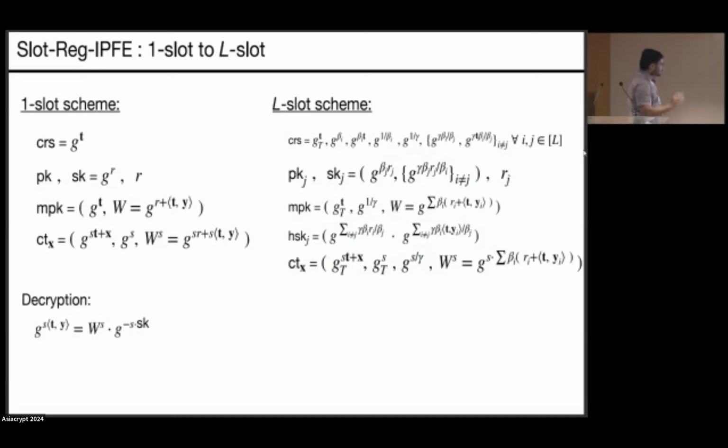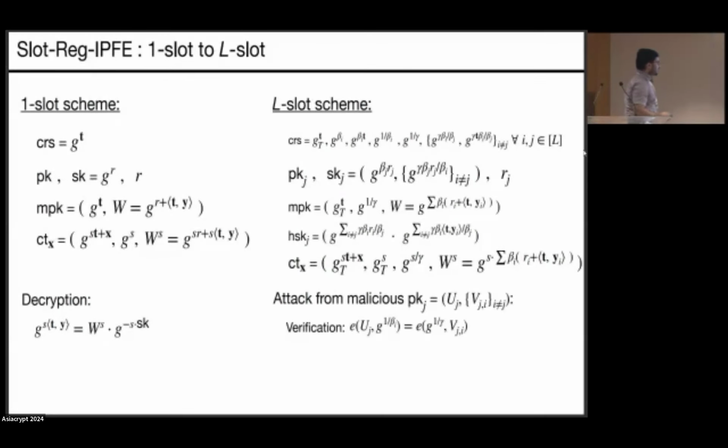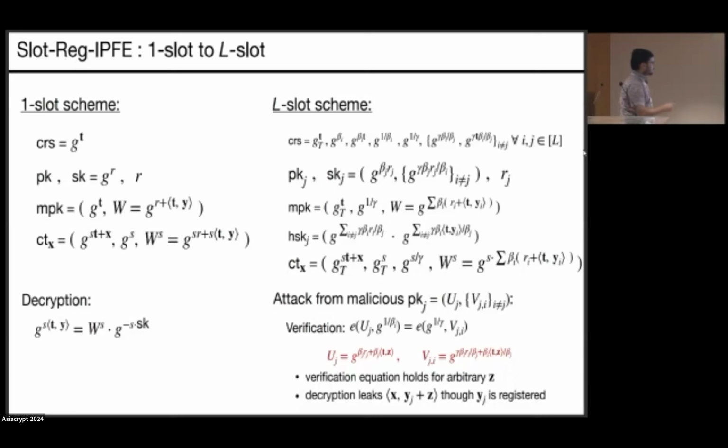However, it is secure as long as we do not aggregate a malicious public key. So let's consider a malicious public key pk_j, and write it as u_j and v_ji for i not equal to j. The verification equation is as follows. Now, if we set this u_j, v_ji cleverly, for instance, we can embed a secret vector z into the public key, and it can be observed that this public key passes the verification equation.